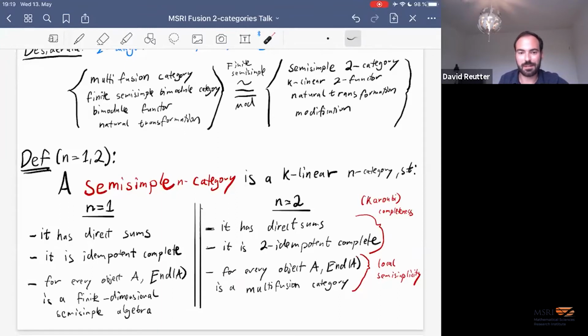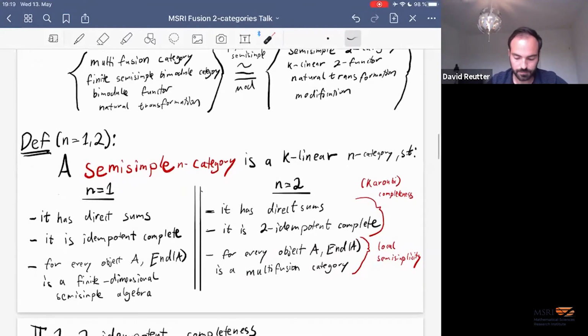So if one would write this a bit more carefully, you would say it has direct sums for objects and 1 morphisms, and it has adjoints for 1 morphisms. But here you could think of this as just asserting having direct sums for objects, and everything else is captured by this local story. But yes, they do have direct sums for 1 morphisms.